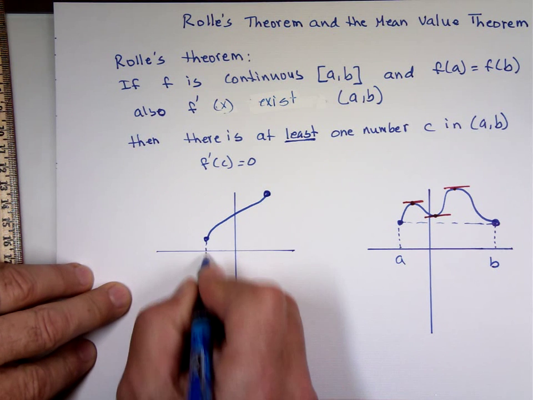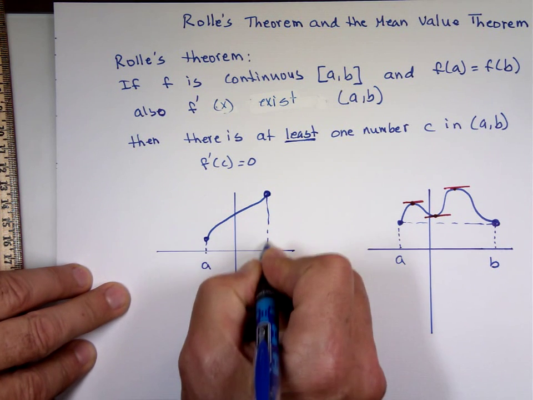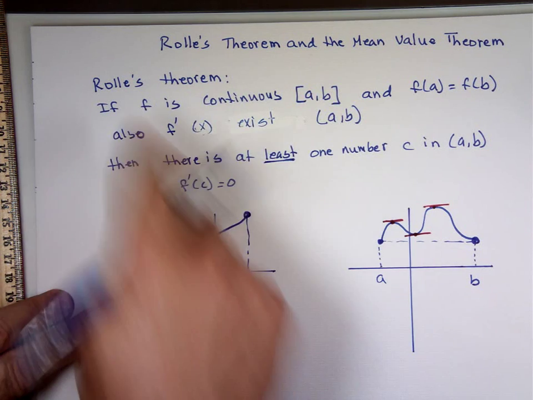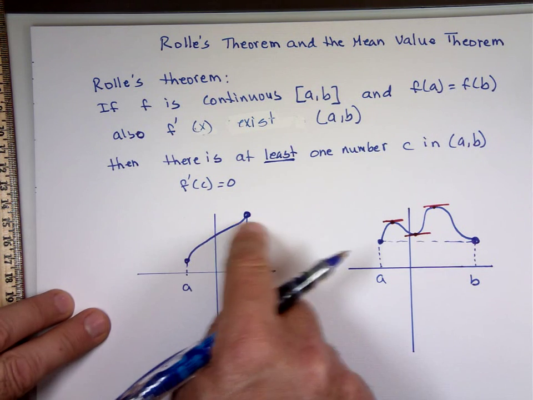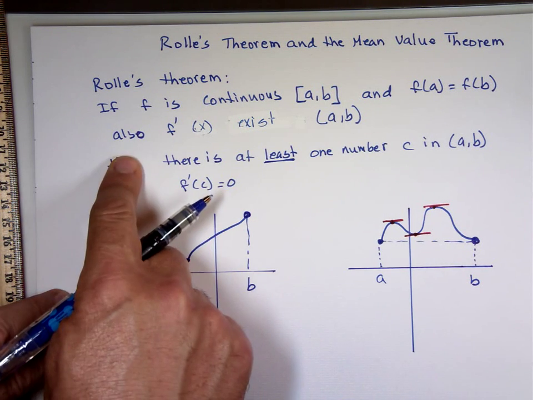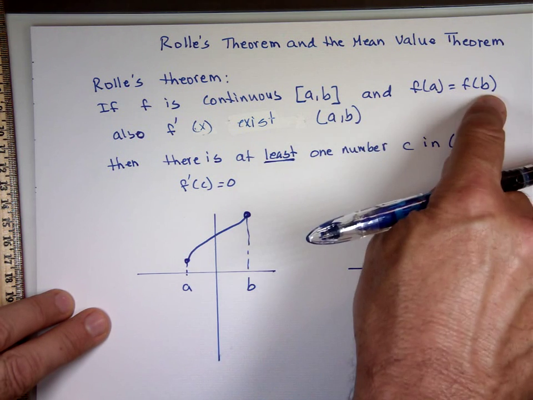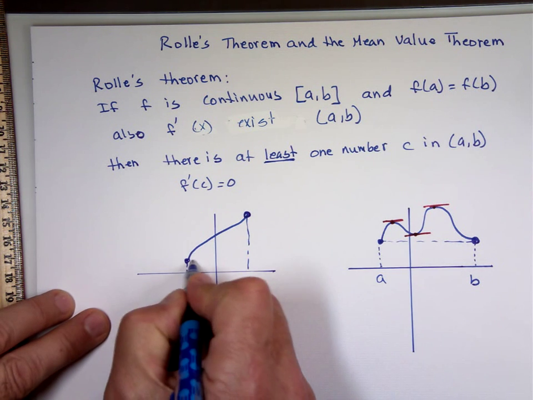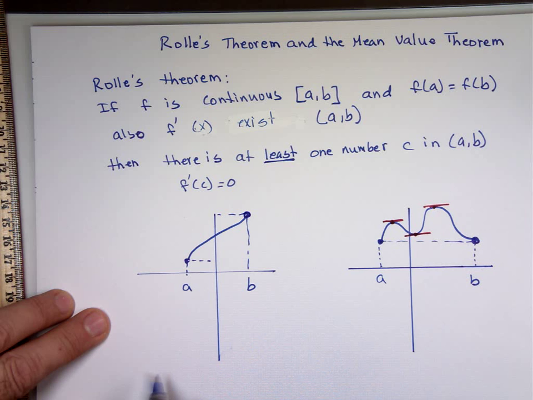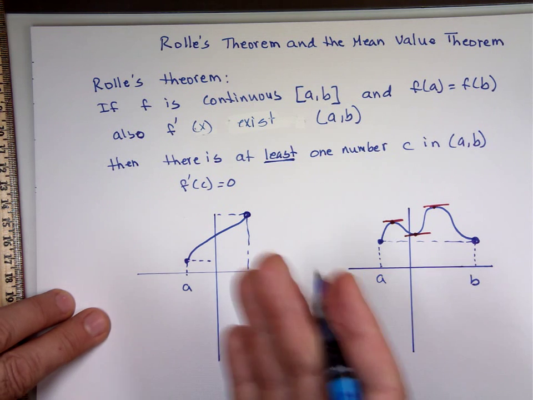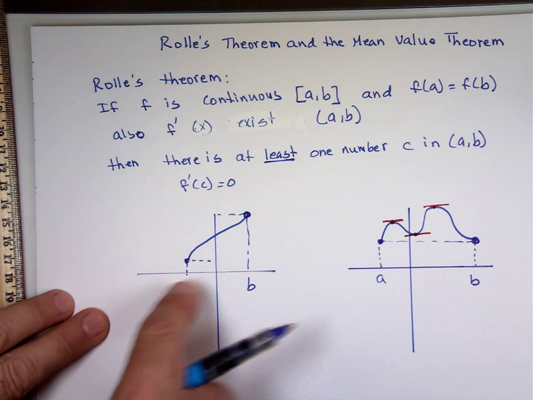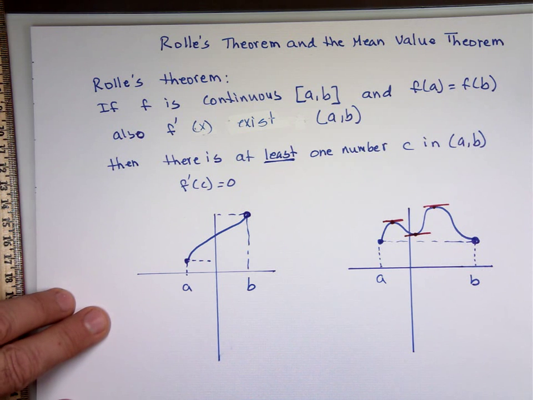This is the interval A to B. The function is continuous. There is a derivative for that, but what's the third condition? F of A must equal F of B. Does F of A equal F of B here? No, it doesn't fit Rolle's theorem. So we can't guarantee there's going to be a point between them where the derivative is 0. As a matter of fact, when you look at that picture, there is no point where the derivative is 0.